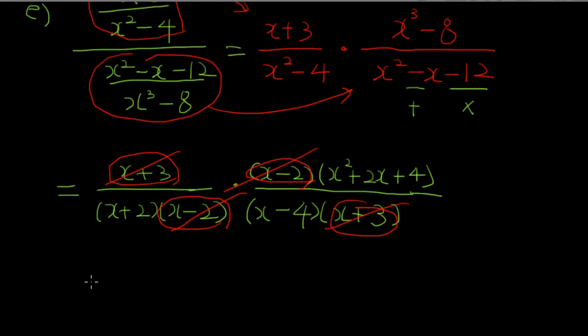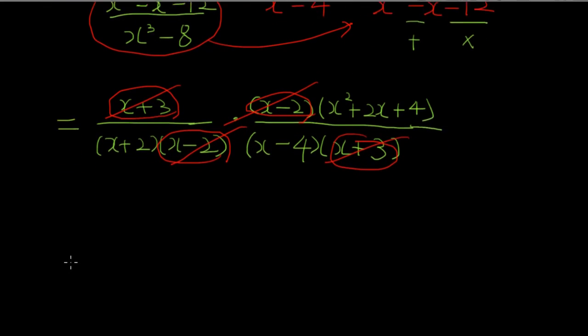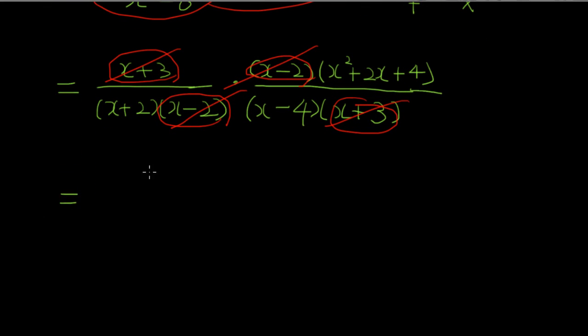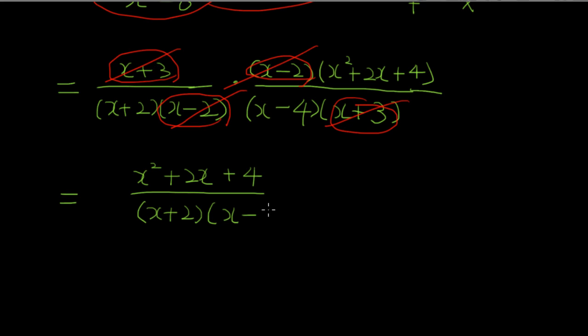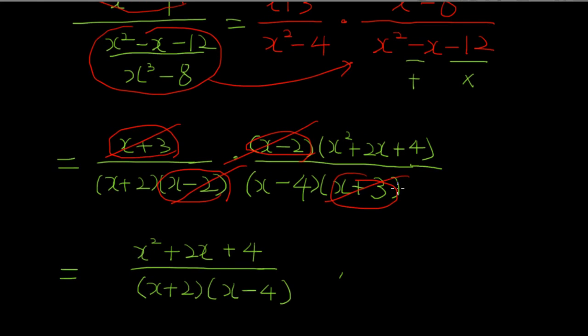So now what's left behind would be this: x squared plus 2x plus 4 over x plus 2 x minus 4. It's like that.